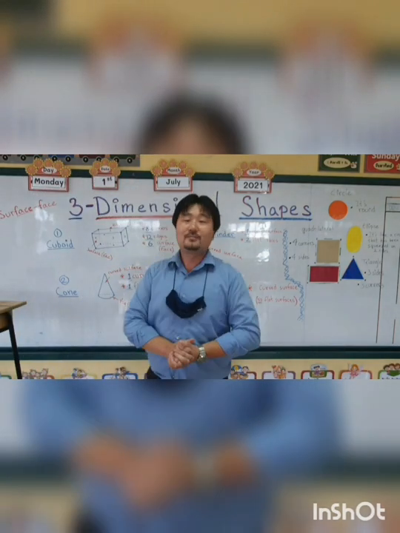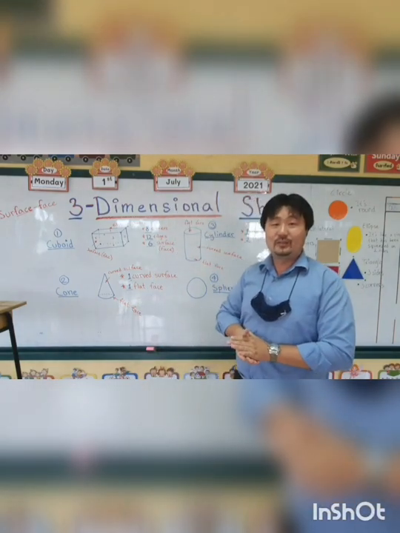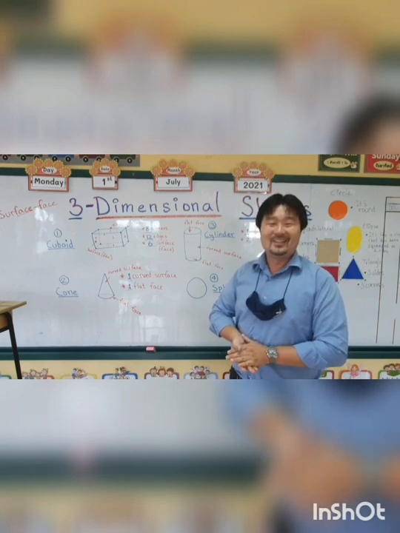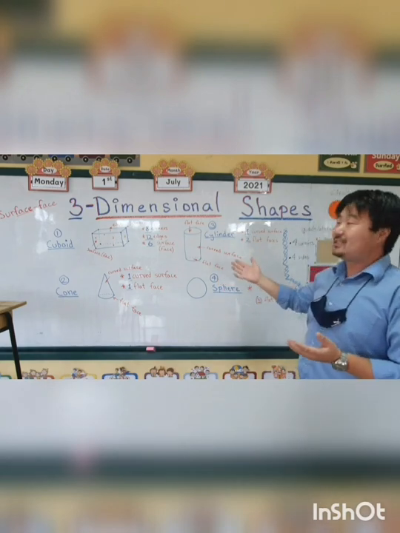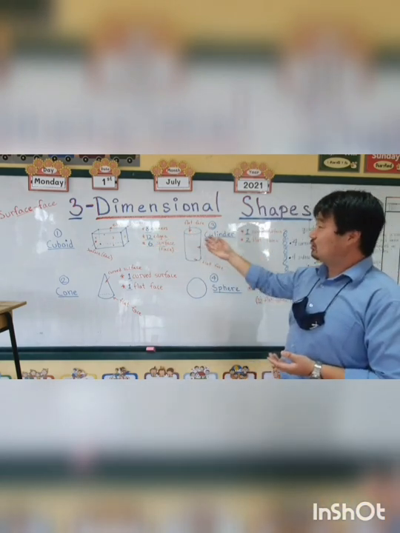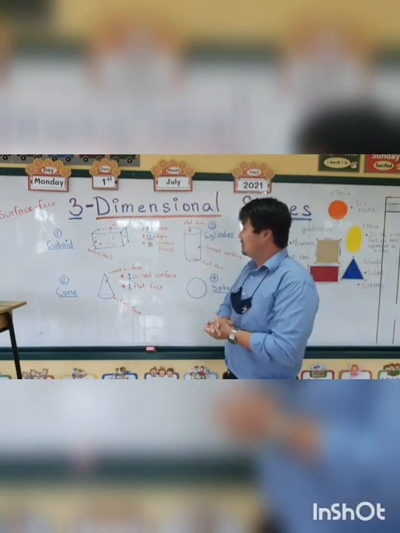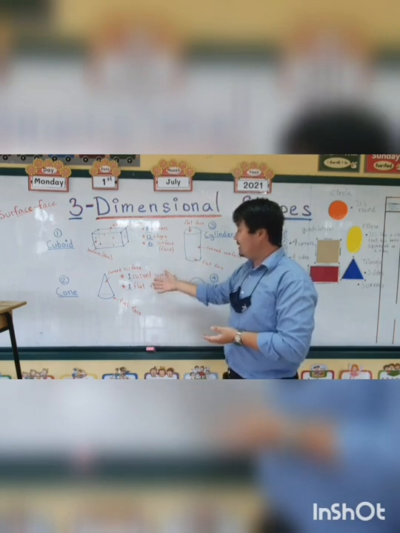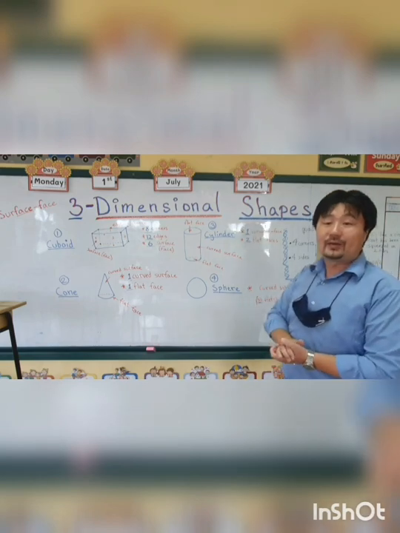Alright, boys and girls. I hope you understand what I've been teaching you now. So I've been explaining what the criteria is for each of these solids. In order to be a cuboid, it needs to have these things. And in order to be a cone, they have these things, cylinder, etc. Okay?